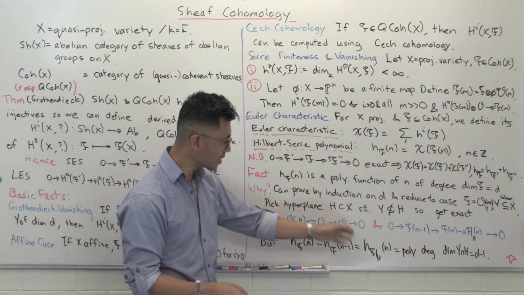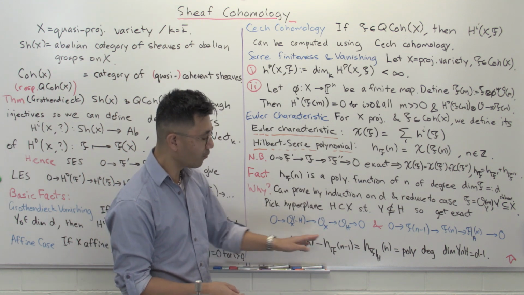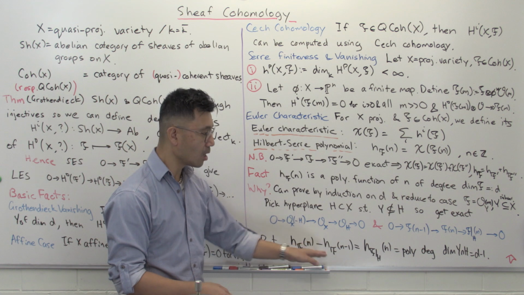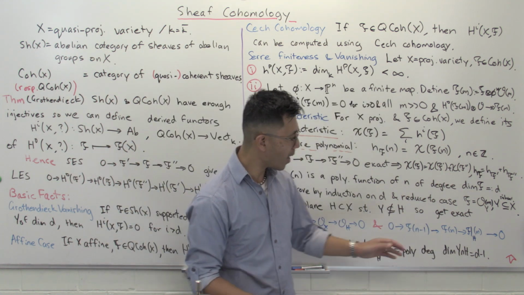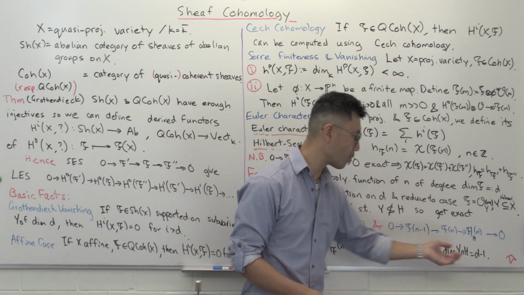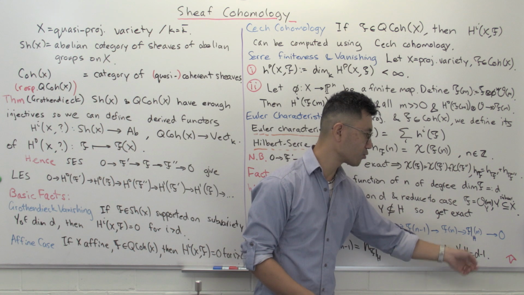As a function of n, this is like applying a discrete version of a differentiation operator to get you down to this polynomial of degree d minus 1. So if you apply a discrete version of the integration operator, you can recover this original function, and it will have to be a polynomial of degree d.